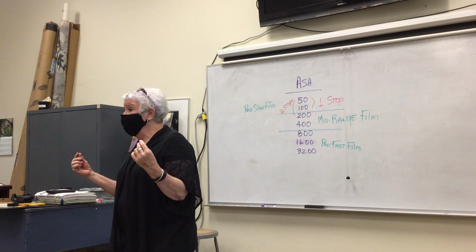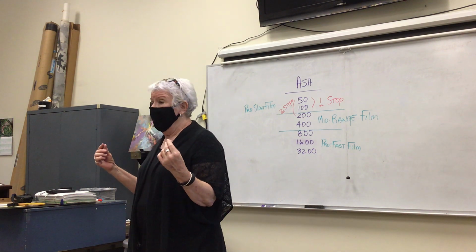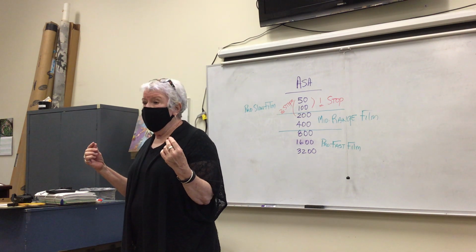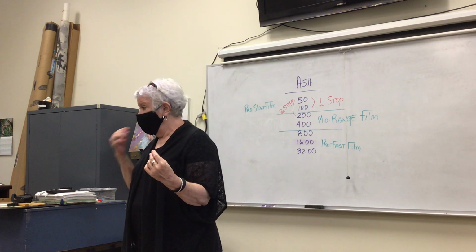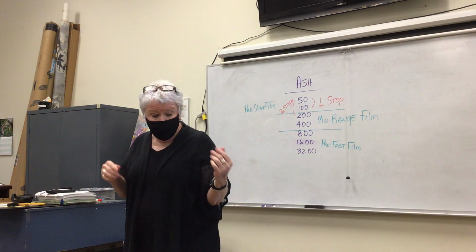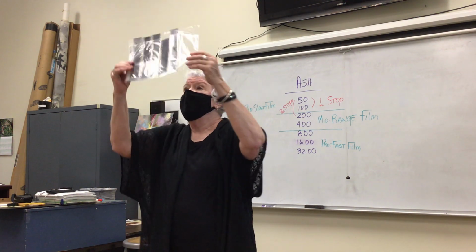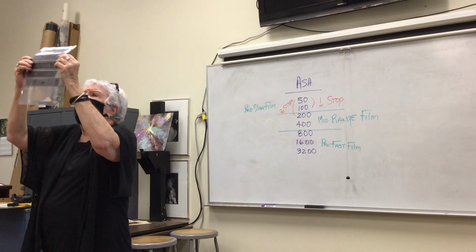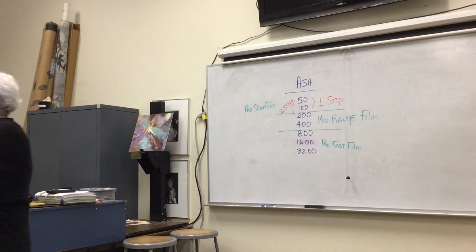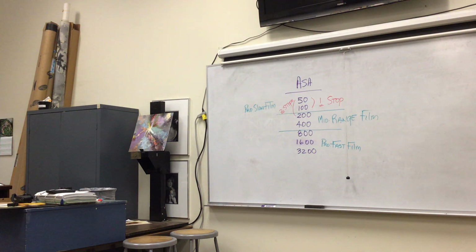If the emulsion receives too much light, then it is said to be thick and overexposed. The emulsion builds up too much density, like this. That one is thick, that's thin.